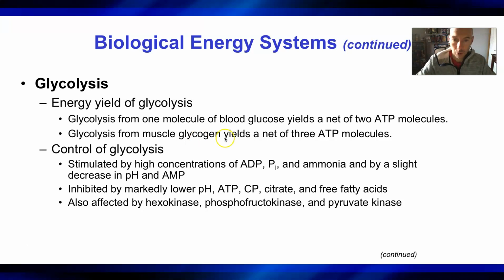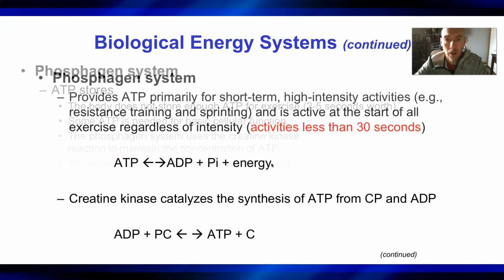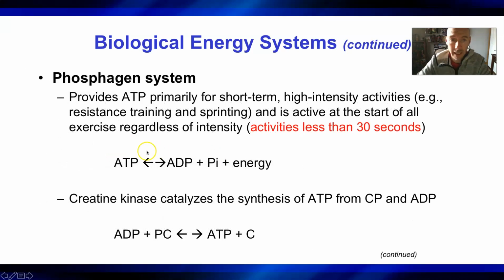Now, what controls glycolysis? Again, thinking back to that whole idea of negative feedback, okay? It's stimulated by ADP, Pi. Now, where do those come from? Well, let's jump back real quick and take a look, right? When we initially split ATP in step 1, we are producing ADP and Pi, okay?